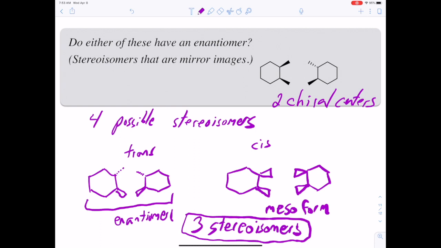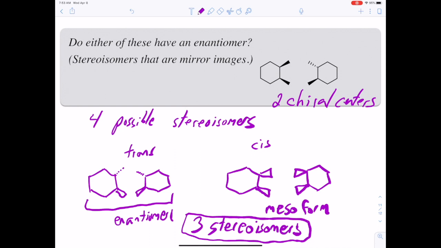So the question was, do either of these have an enantiomer? The original 2 molecules shown in this problem are stereoisomers. They are more specifically diastereomers because they're not mirror images. The trans form does have an enantiomer, another stereoisomer that was not drawn in the original problem.